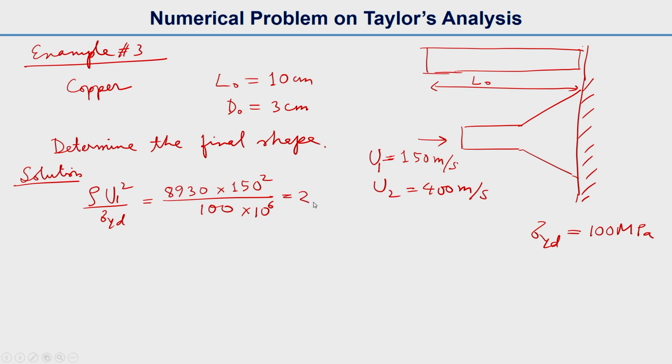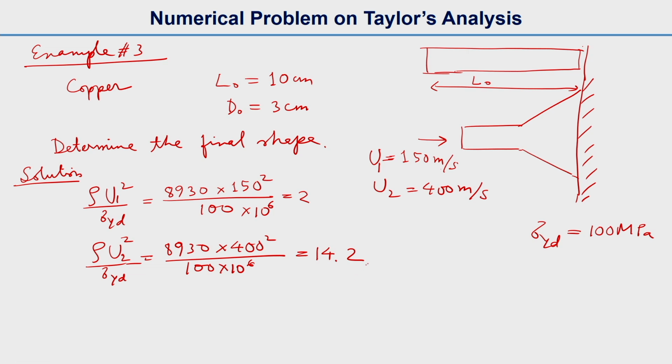So this will give a factor 2, and then for the other velocity, so 8930 into 400 square over 100 into 10 to the power 6, and this will give us 14.2.